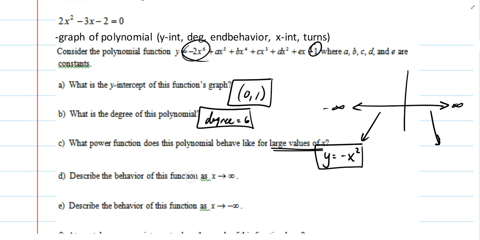Now, as far as describing the behavior of this function, this is just our way of asking about the tails of the graph again. As x approaches infinity, as we move further and further to the right on this graph, what happens to our y values, the function results? Well, y tends towards, or y approaches, negative infinity, because as we move to the right, our y values move down.